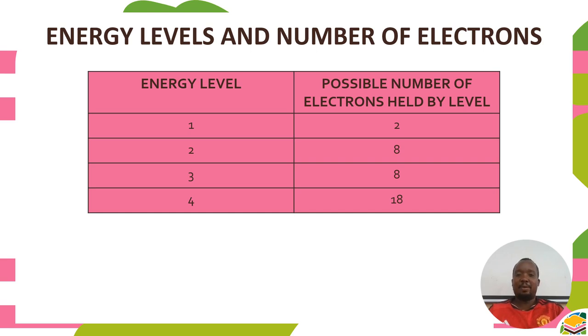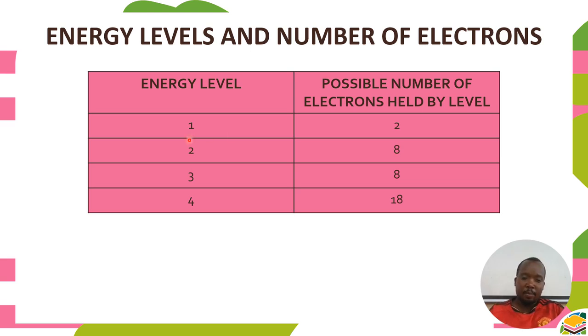The energy level number 1 will always have a maximum of 2 electrons. Remember, energy level 1 is the one which is close to the nucleus. So the innermost energy level, which is close to the nucleus, will be fully filled by 2 electrons.